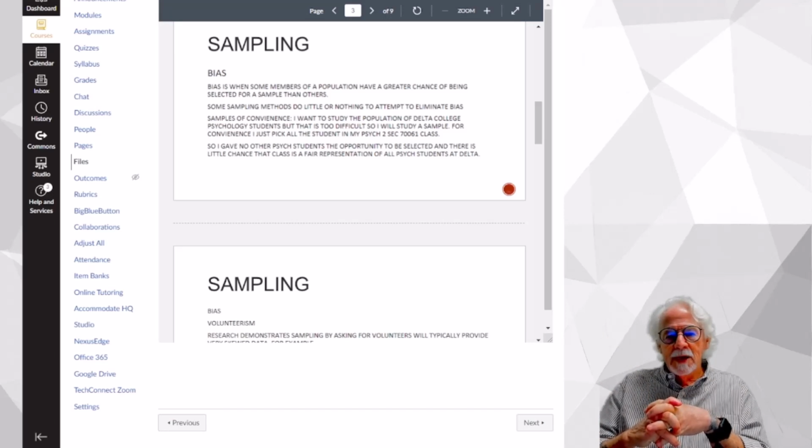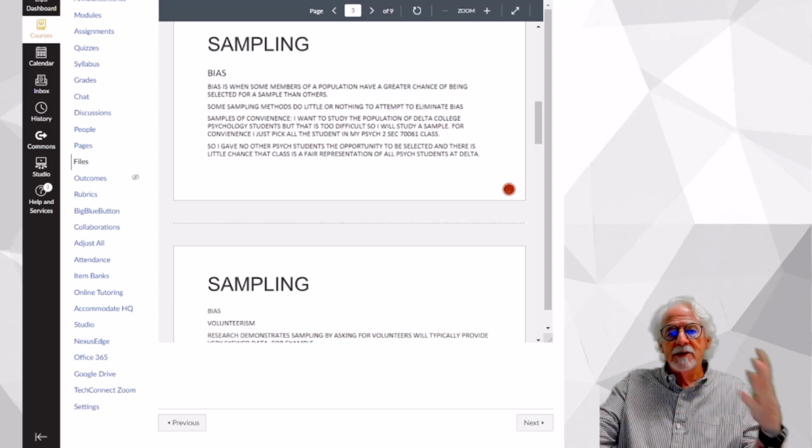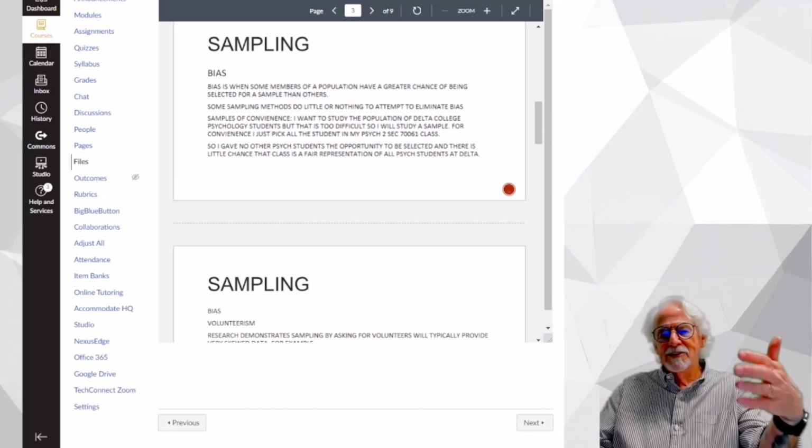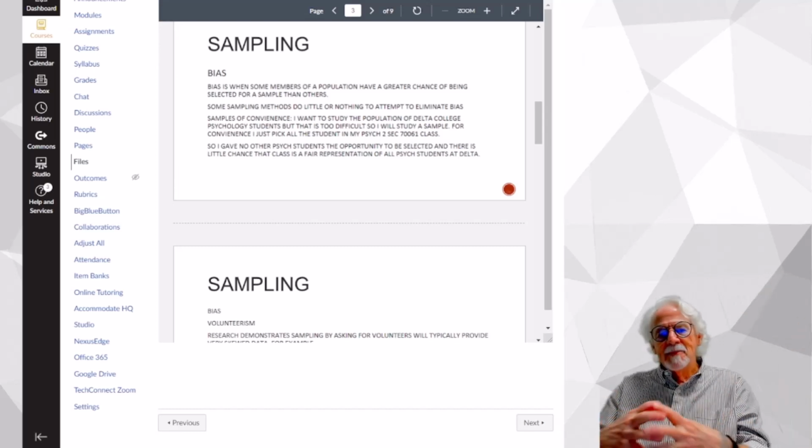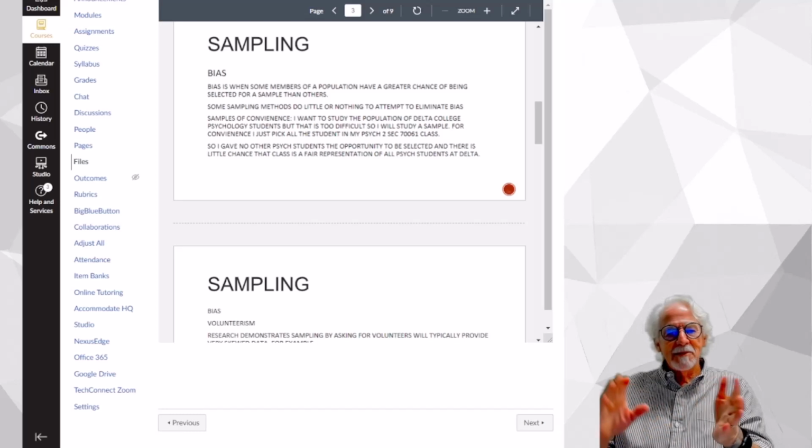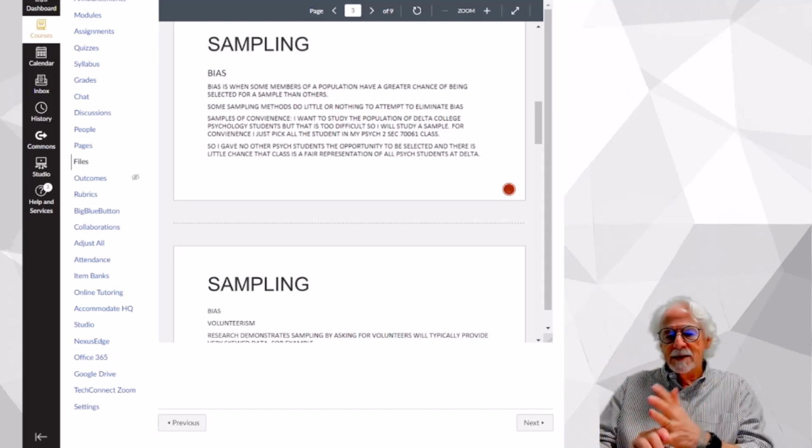Well, the problem is you guys probably don't just mirror the population of Delta College, right? There's not going to be the same number of people in the age group from 18 to 25, 25 to 40, 40 to 50, right? There's not going to be the same amount of Hispanic students.